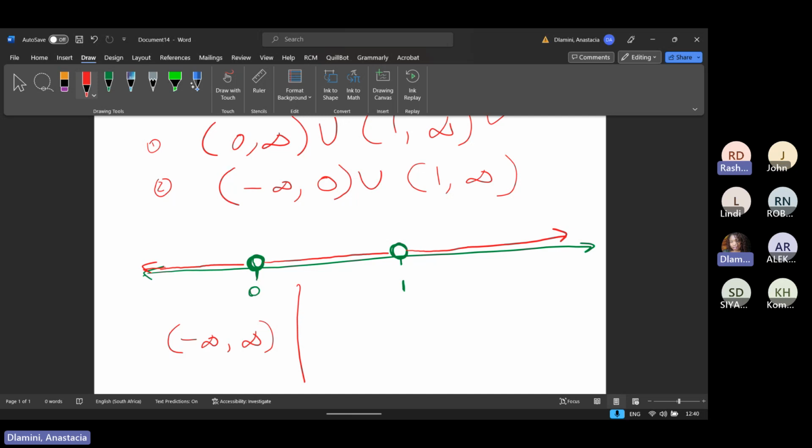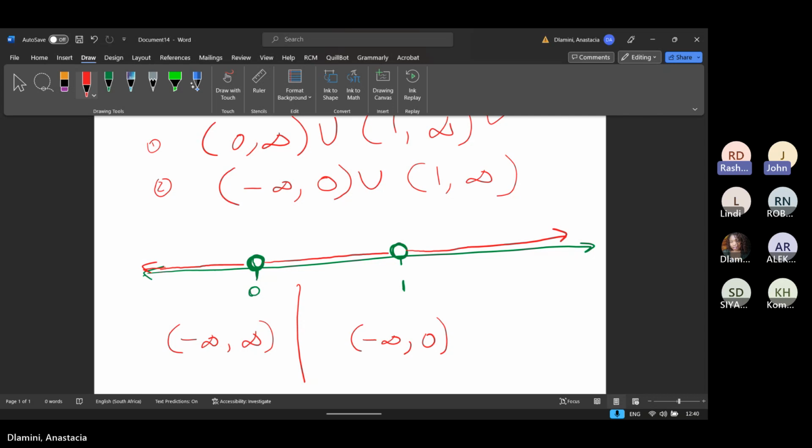Remember we said with infinity you don't use close brackets. Oh yeah. It means negative infinity, open bracket. Negative infinity to 0.